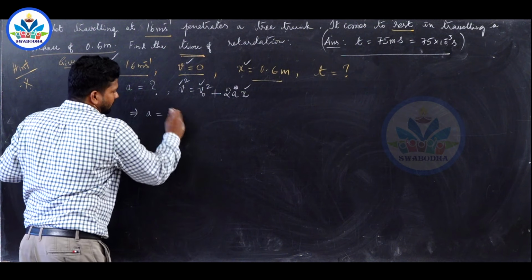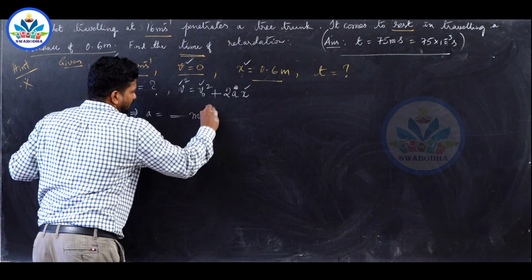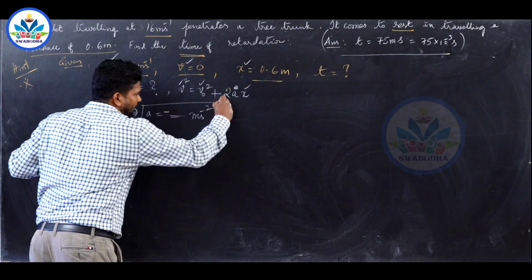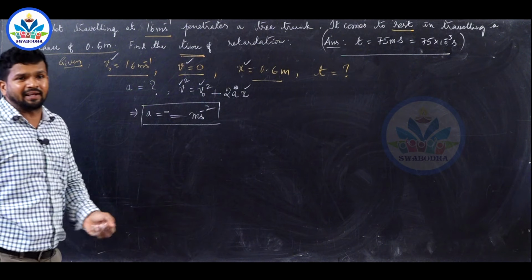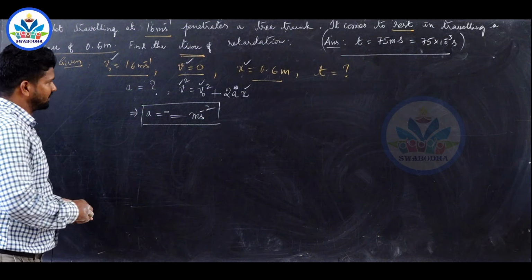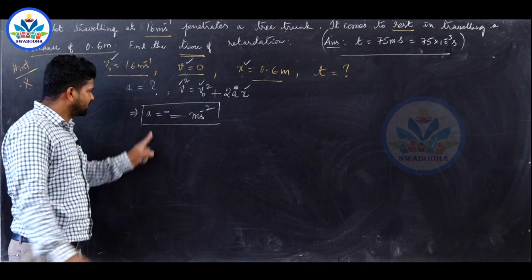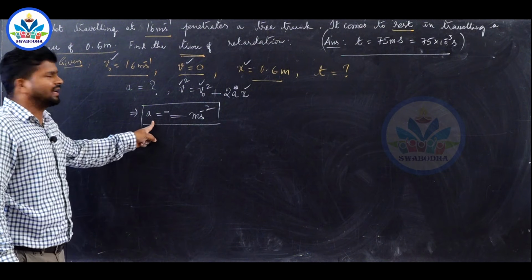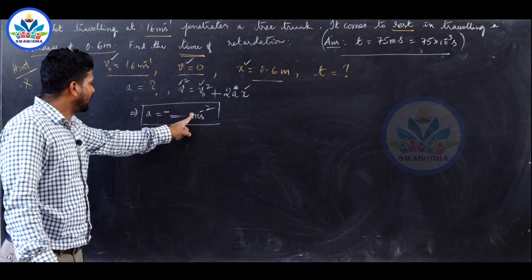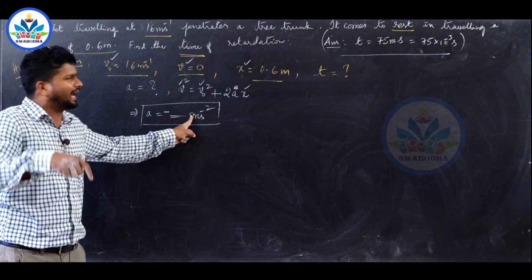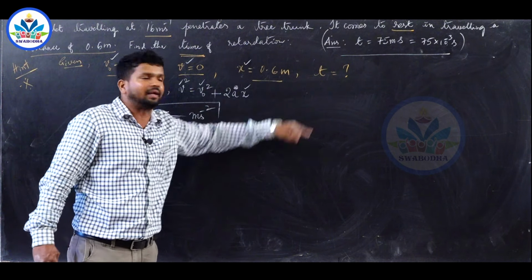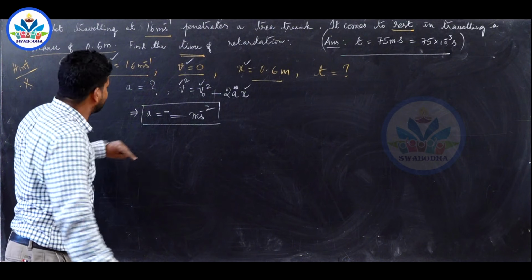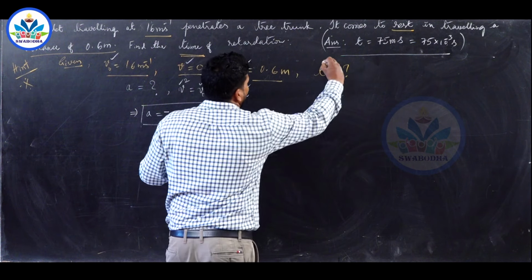You will get some meter per second square, negative because the bullet retards, it is moving with negative acceleration. They have not asked you to calculate acceleration, but you must calculate it, only then can you calculate time.